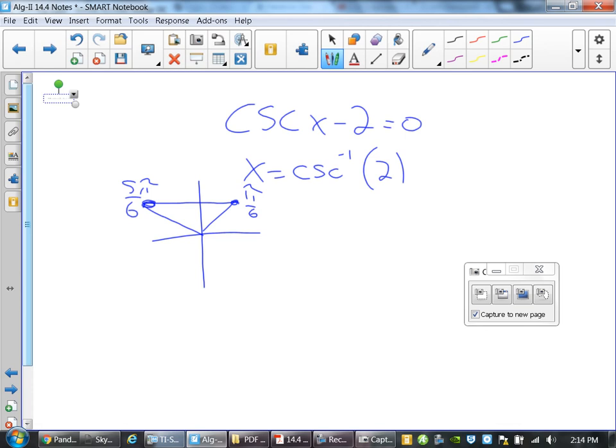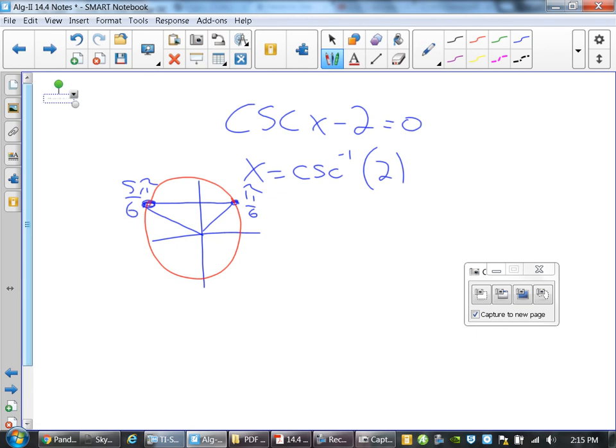Let me show you what happens when we talk about general solutions. A general solution basically means how long it takes you to get back to where you started. If I start at pi over 6, how long does it take me to get to here? Is that the same amount to get all the way back to here?